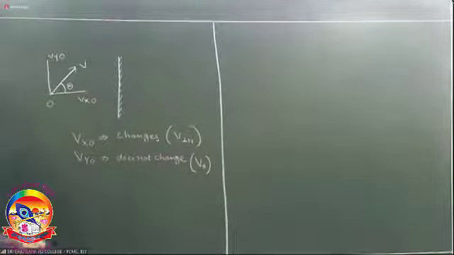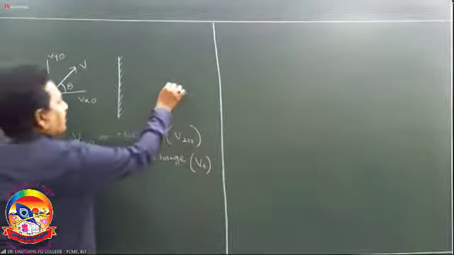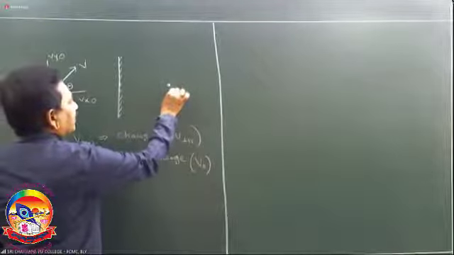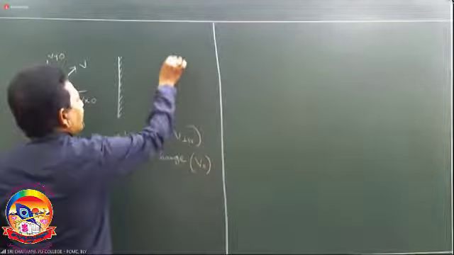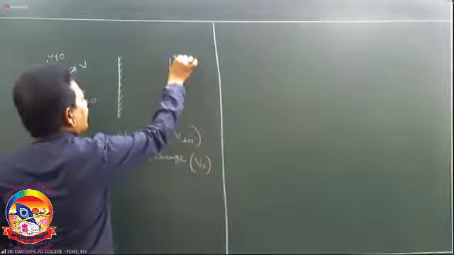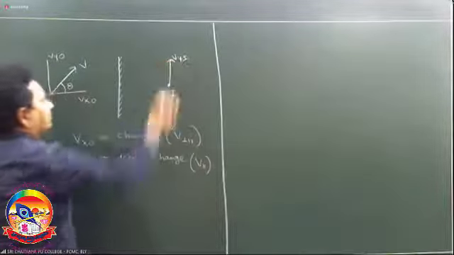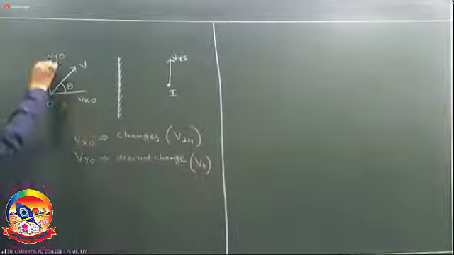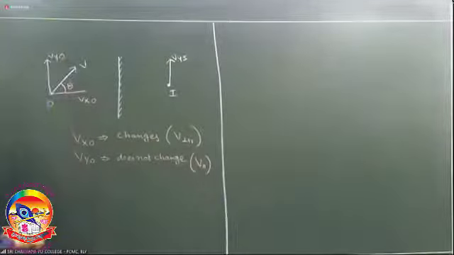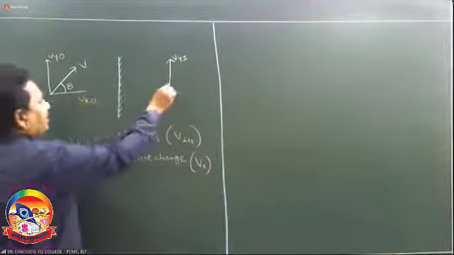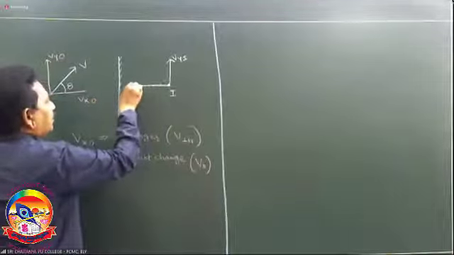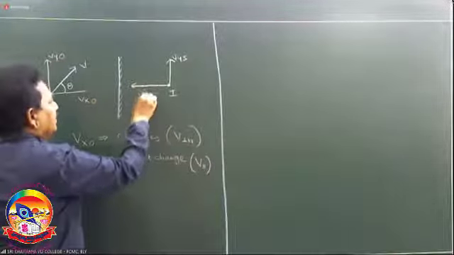So if this is the object and this is the image, then the velocity of the image along the y-axis will not change, same as that of the object. But the velocity perpendicular to the mirror will change its direction.